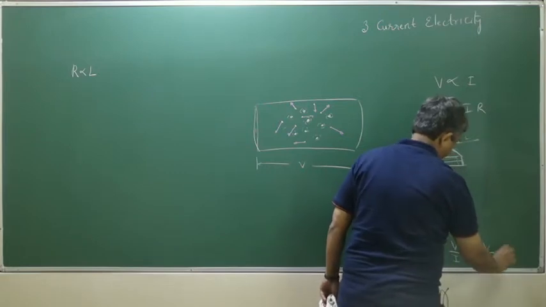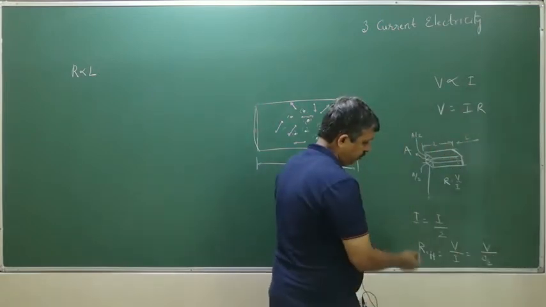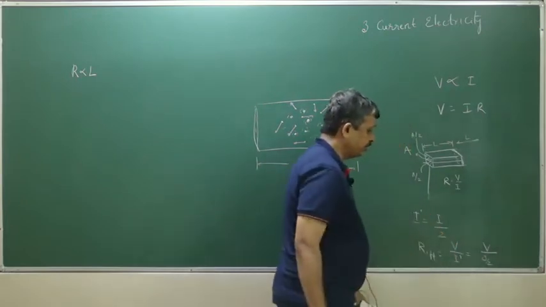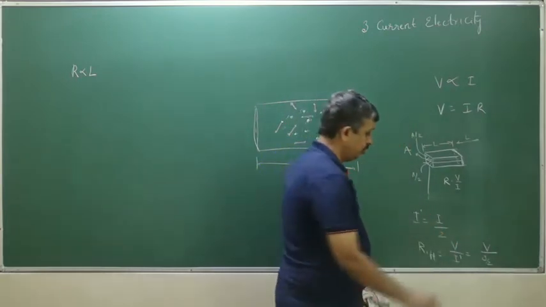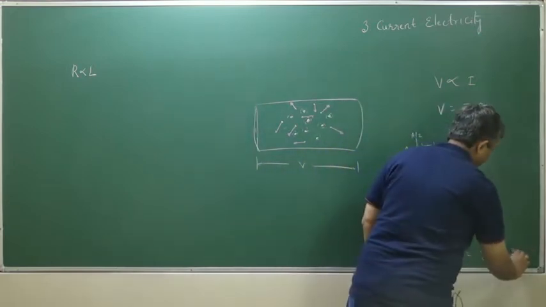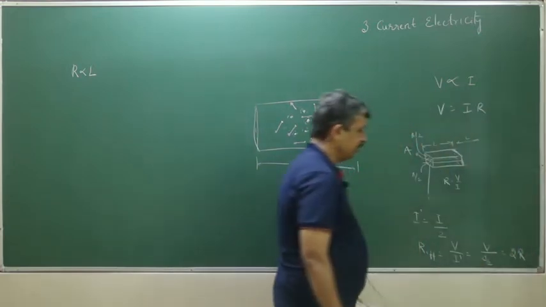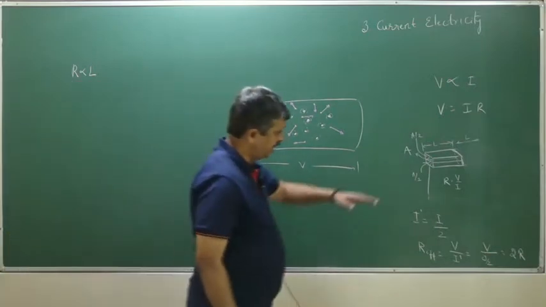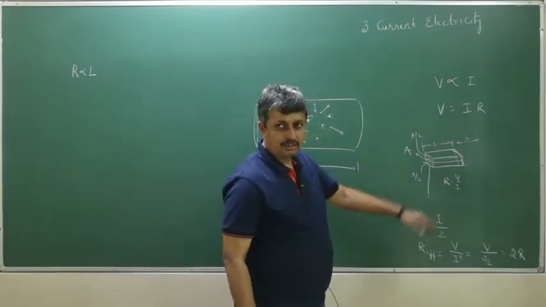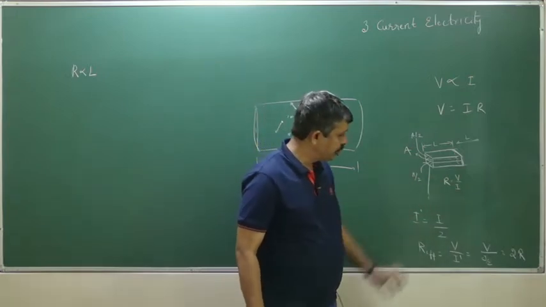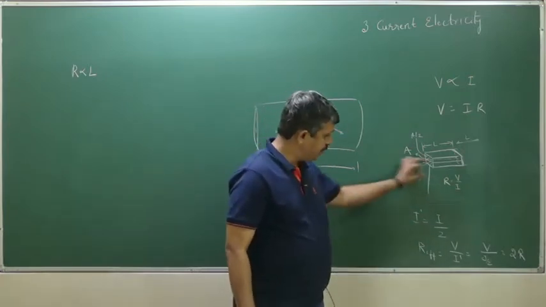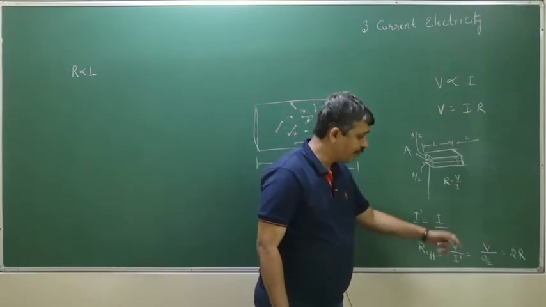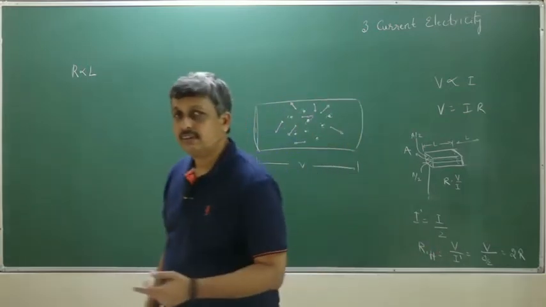I will write it as I dash, otherwise it is confusing. So I dash is equal to I by 2, and hence it is 2 into R, 2 into V by I. So that means I have cut it here, and if I take an individual one, it has an effective resistance of 2R.